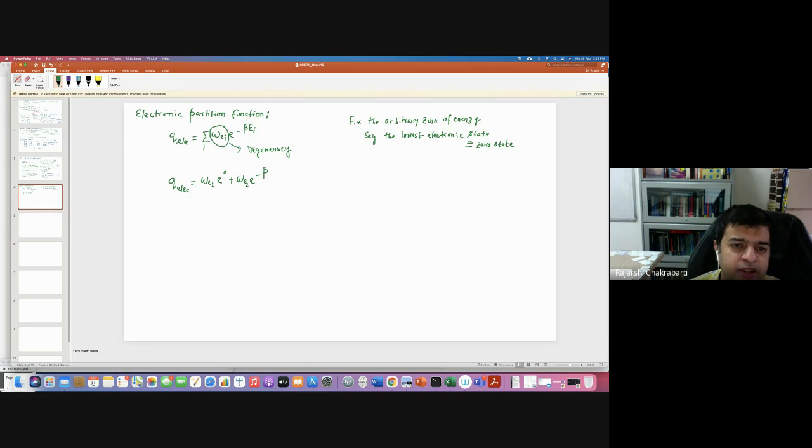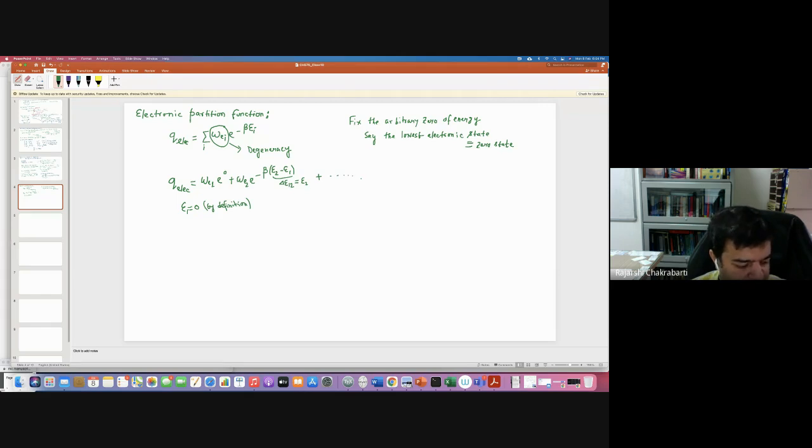Rather than calling it epsilon 2, I can call it epsilon 2 minus epsilon 1, and this is delta epsilon 1 2. Of course, this is equal to epsilon 2 because your epsilon 1 is 0 by definition. We assume this is your zero of energy. And of course, we'll have other higher terms.